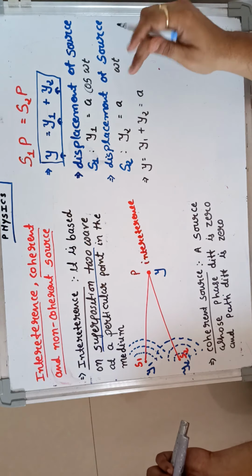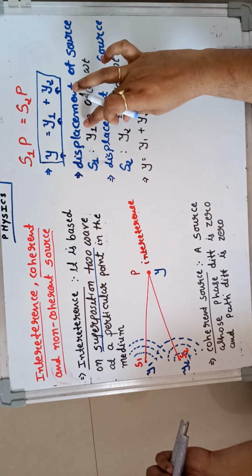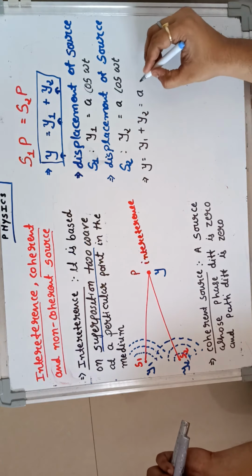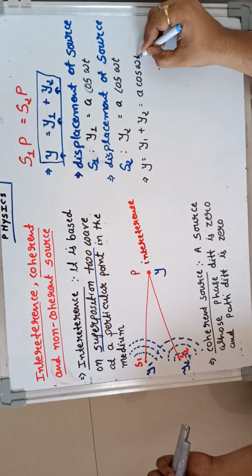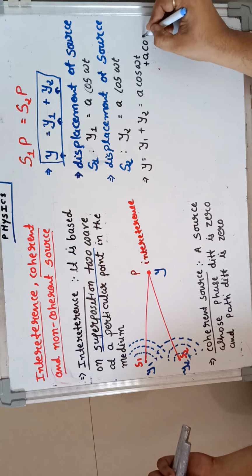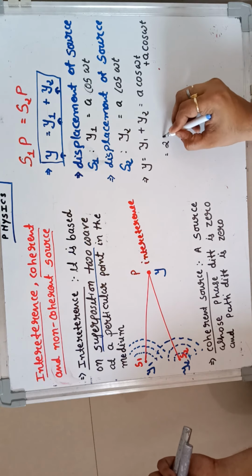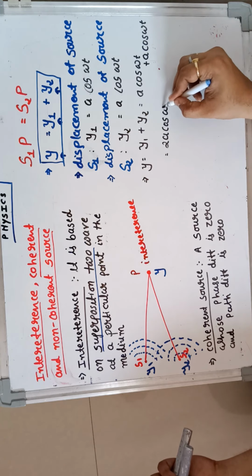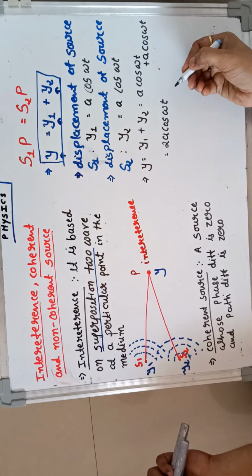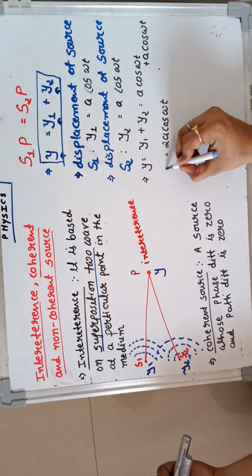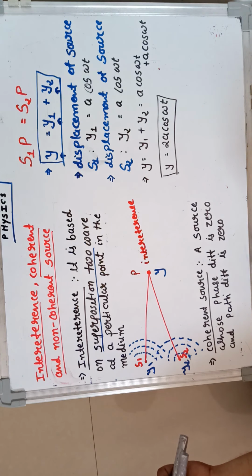Using superposition, the sum of all individual displacements, y is equal to y1 plus y2, so a cos omega t plus a cos omega t, which gives 2a cos omega t. Periodically, we can also write it as 2a sin omega t, it doesn't matter. So this is the final displacement, y is equal to 2a cos omega t.